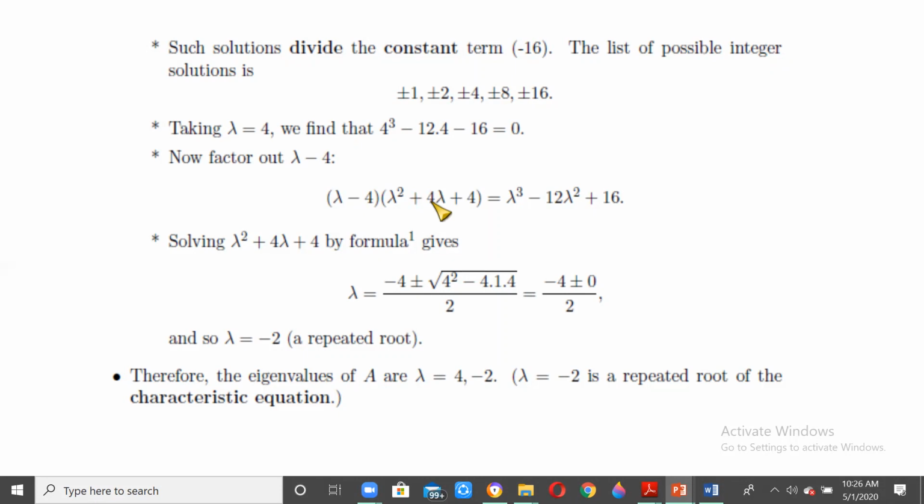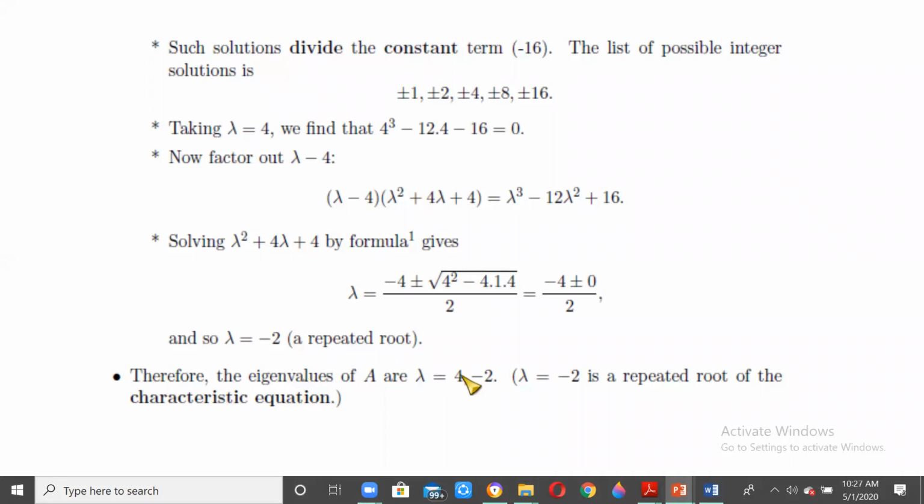Once you get this quadratic equation, you need to find its roots. We know the roots straight away. Either you can use minus b plus or minus root of b square minus 4ac by 2a, or you can just factorize this. Either way, you will get the root lambda equal to minus 2, which is a repeated root: two roots of the same value, lambda equal to minus 2.